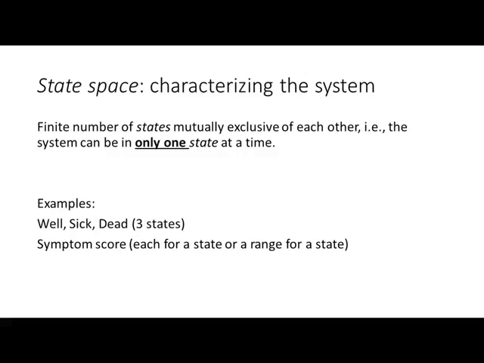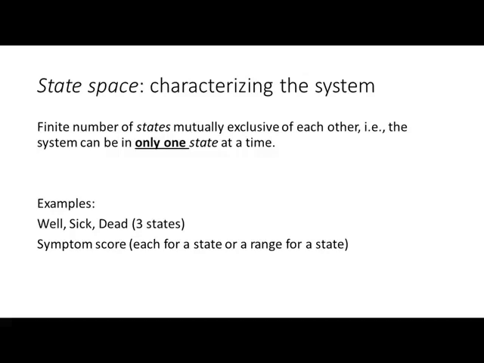So basically, if we assume that a smaller score indicates a non-life-threatening symptom, and a big score represents a life-threatening symptom, then each score can represent one state, or a range of the scores can represent a state.